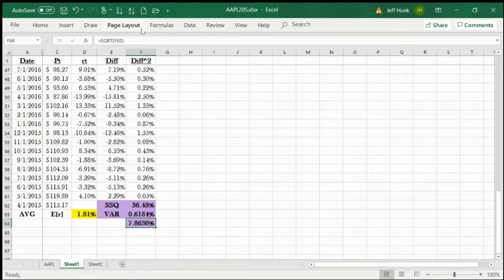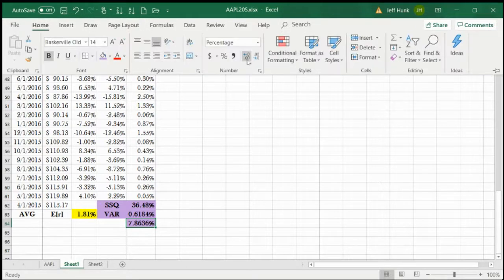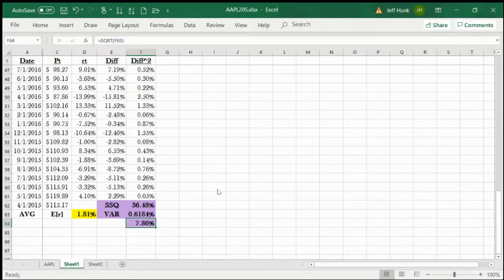And if you adjust the decimal places, then 7.86. And so that is the life-size picture of the average deviation from the mean.